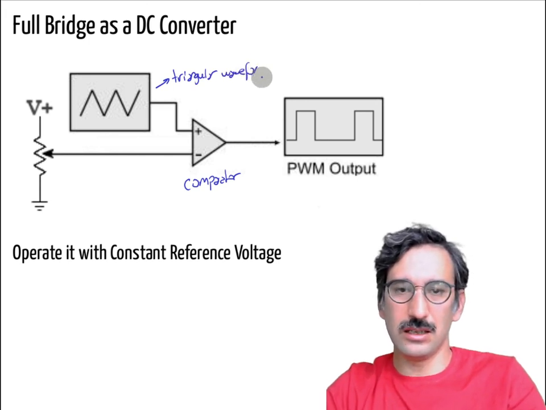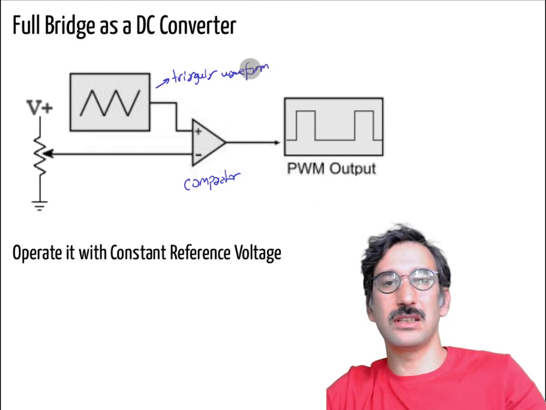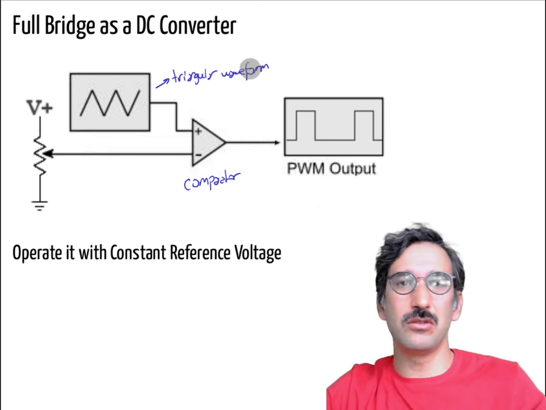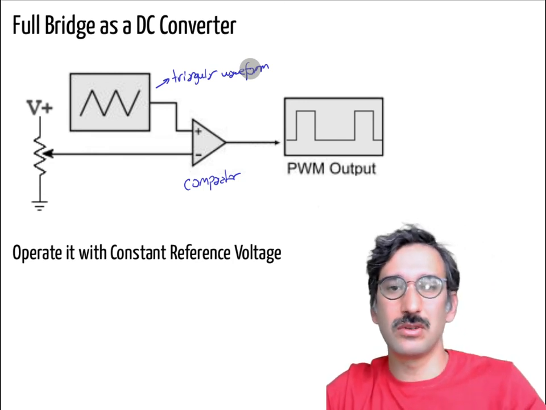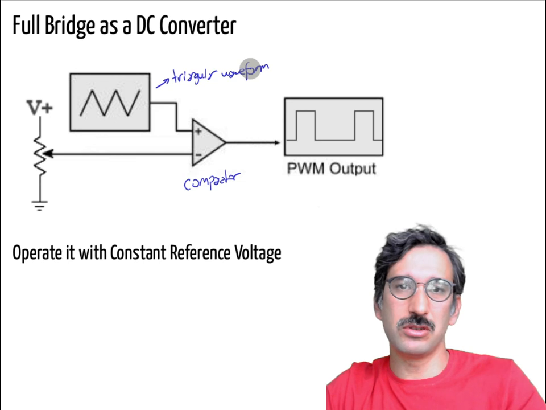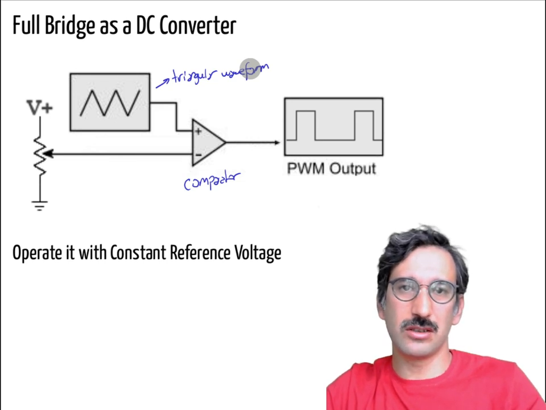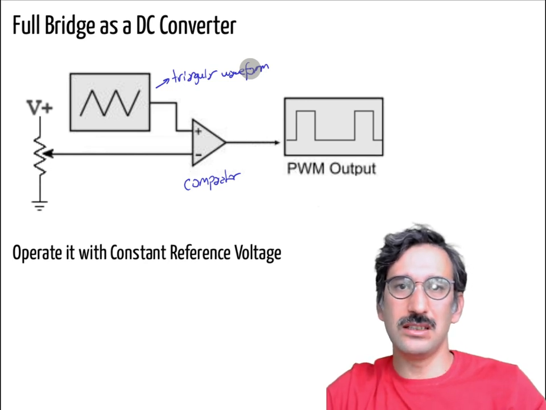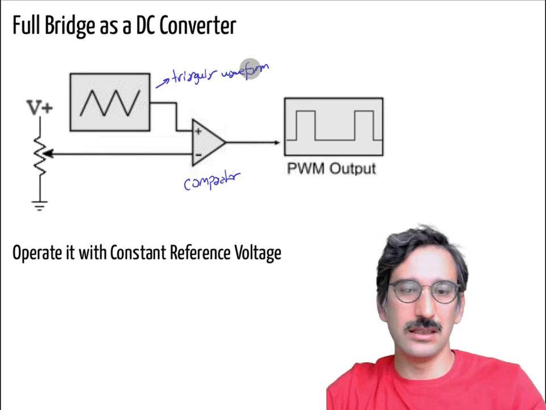Maybe you are using a digital microcontroller, and that doesn't mean you will buy op-amps and triangular waveform generators separately, but most of the integrated circuit controllers have that kind of blocks embedded inside the chip. So you can find the details of those things in the datasheet.